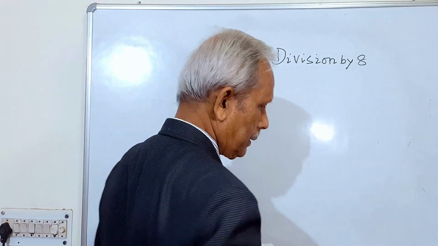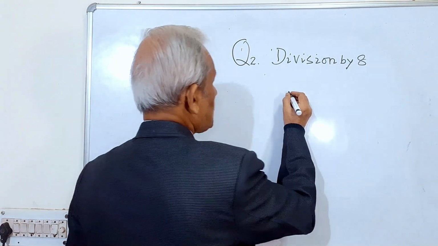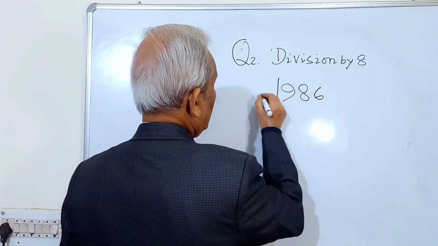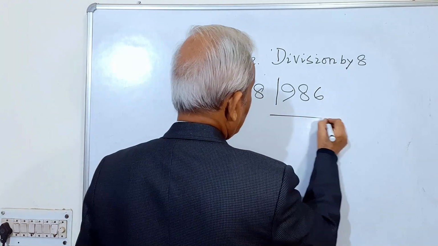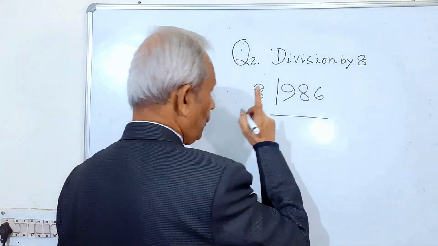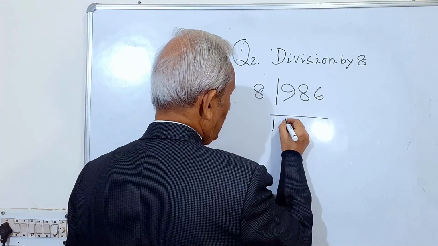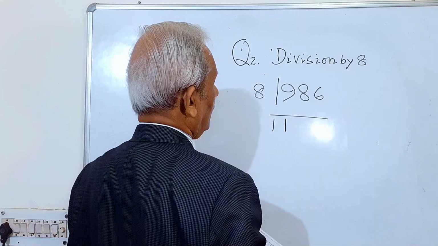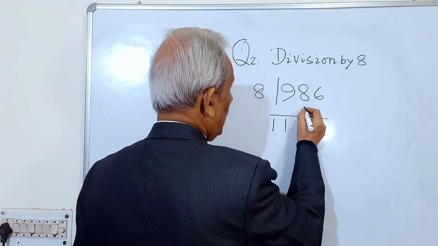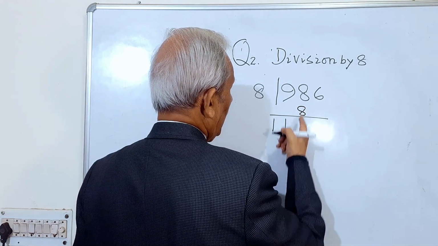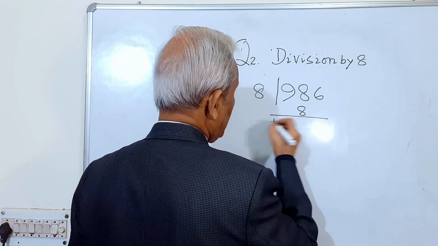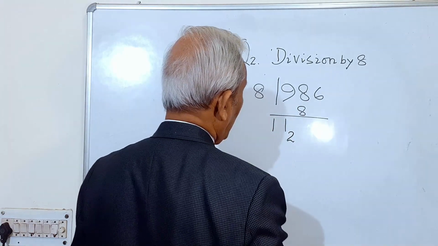Do the next question. 986 divided by 8. Here a little difference. 8 goes into 9 one time, write 1 here and put 1 here because 9 minus 8 is 1. 8 into 1, 8, put 8 here. 8 plus 8, 16. 8 goes 2 times into it, write 2 here. 8 into 2, 16.